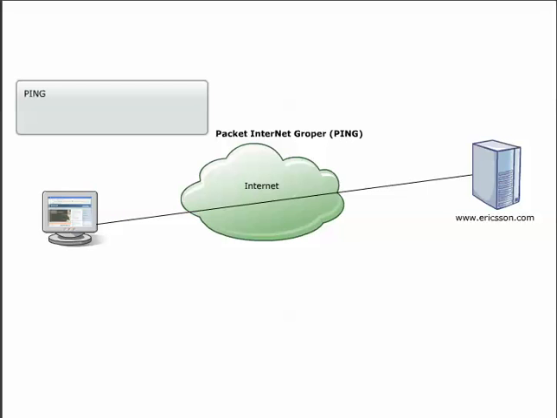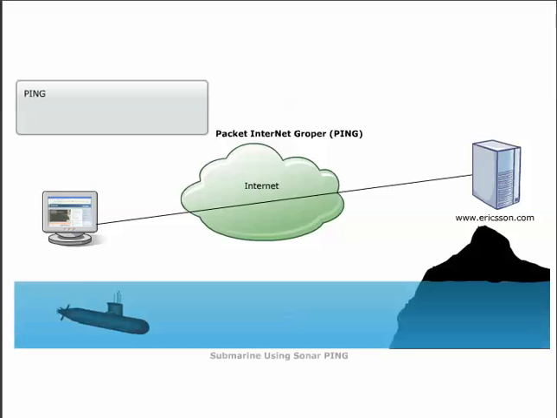We will then, as a result, get a measurement of the time it took for the packet to traverse the network to the destination. Yes, it's very much like a submarine sending out a sonar ping, waiting to receive an echo from some unidentified object in front of it. Technically, the test packet of an IP network is called an ICMP echo, where ICMP stands for Internet Control Message Protocol.